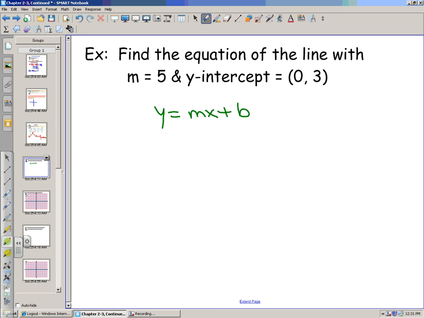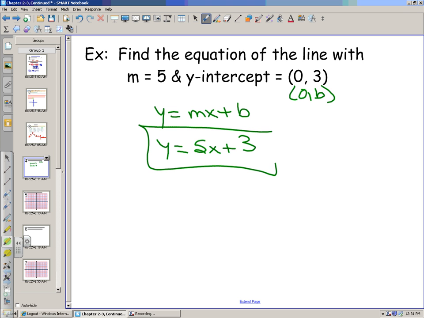All you're going to do is plug and chug what you know. I know the slope, which is 5, and b is my y-intercept, which is the point (0, b), right? So what's b here? It is 3. Done.